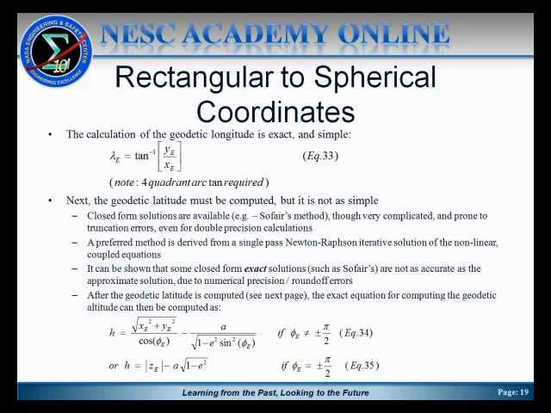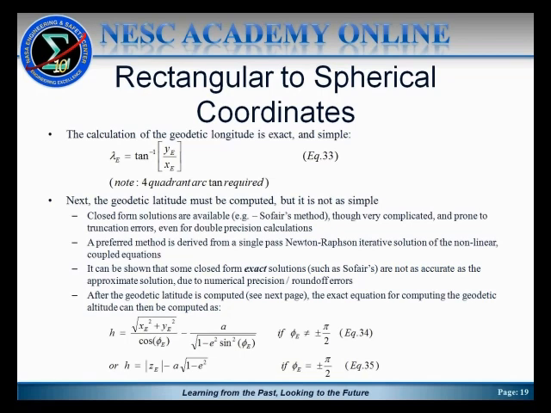After you've computed the geodetic latitude, which I'll show on the next page, shown as phi sub e, the exact equation for computing geodetic altitude can be computed very simply from equations 34 or 35. First of all, if the geodetic latitude is not equal to plus or minus pi over 2, in other words, you're not at the South Pole exactly or North Pole exactly, then you can compute geodetic altitude from equation 34.